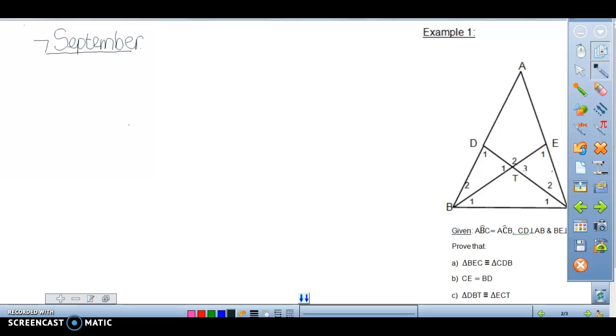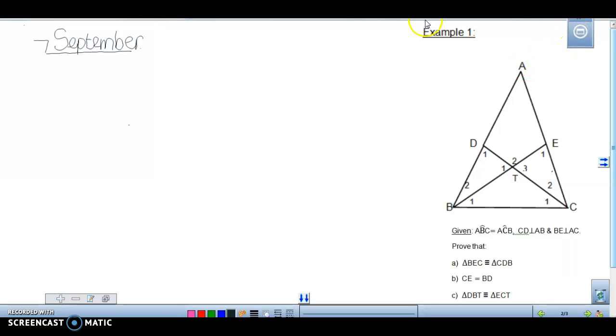So the first example in the worksheet, I'm going to minimize that for you, is that they give you a triangle ABC and then they give you this information. So first of all, we start with the diagram and I'm going to look at what they give me, which is all of this.